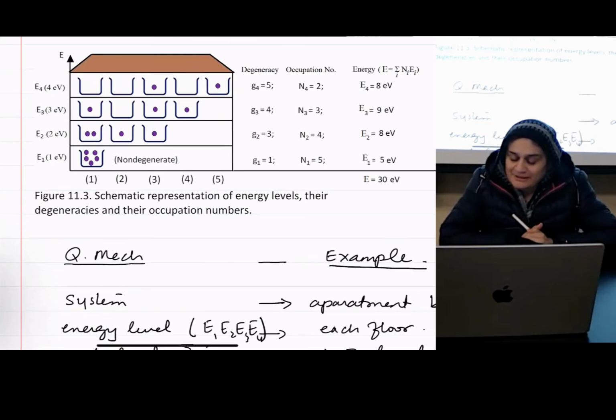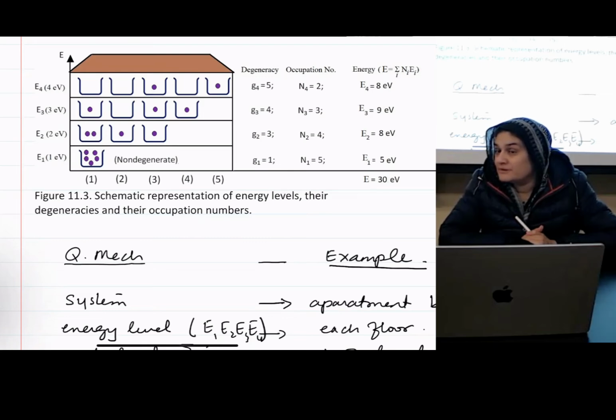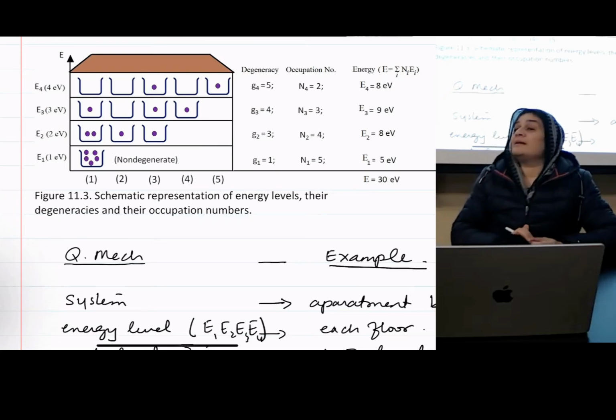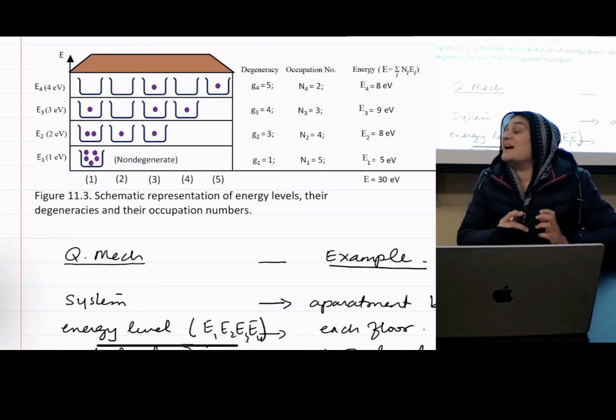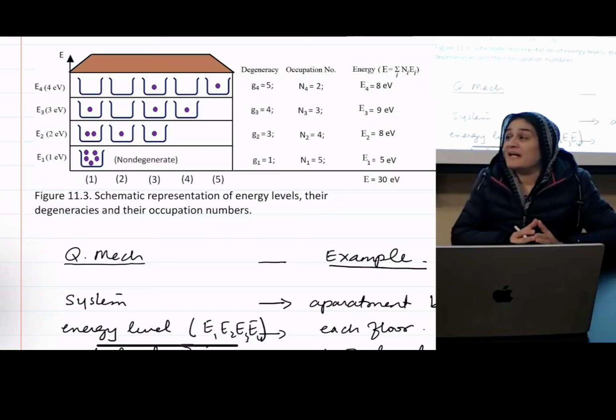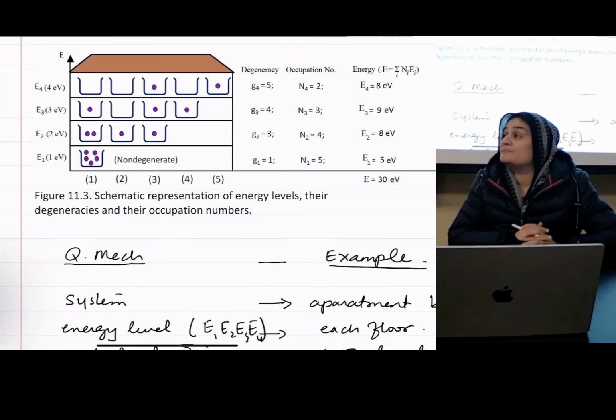How many energy levels? Good. Corresponding to what energies? 1, 2, 3, 4 eV. What is an eV, people? Anyone know what an electron volt is? It is the energy that is gained or lost by an electron when it goes through 1 volt.